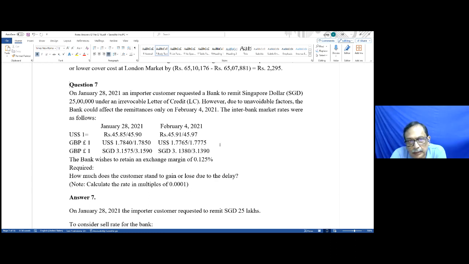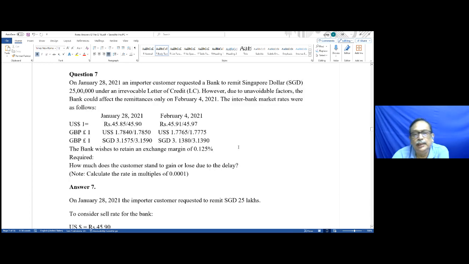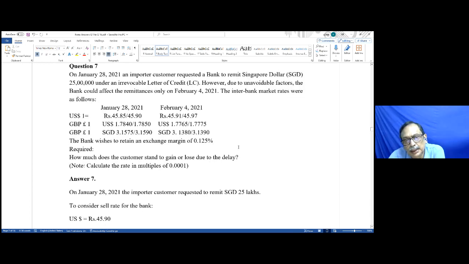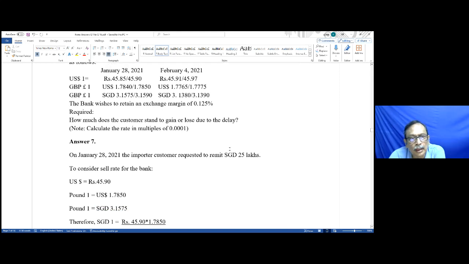Although it is unavoidable, the bank could affect the remittance only on February 4, 2021. So we are provided with multiple rates in different currencies on January 28, 2021 and February 4, 2021. Now, how much does the customer stand to gain or lose due to the delay?